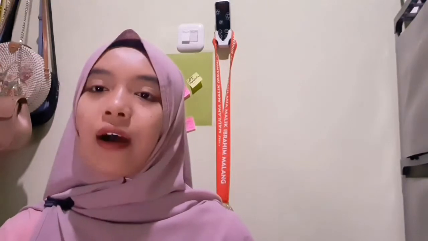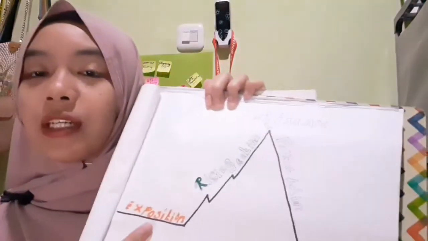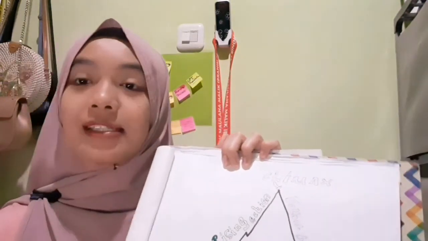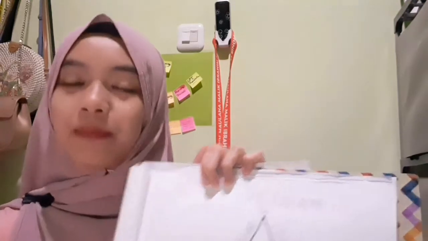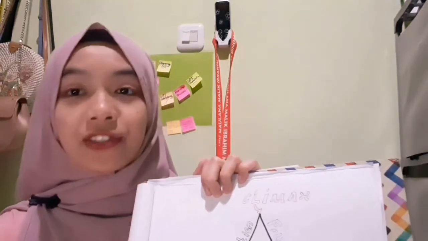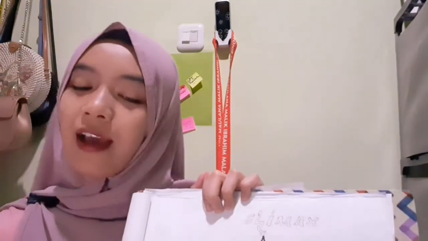So in the exposition, the author tells us about the setting, where and when the play is taking place, and then the character, especially the main character's condition.